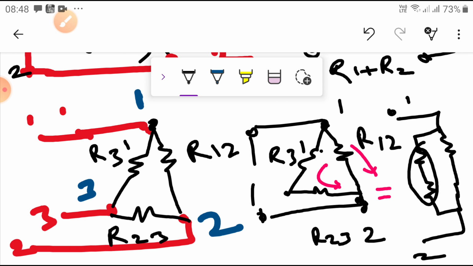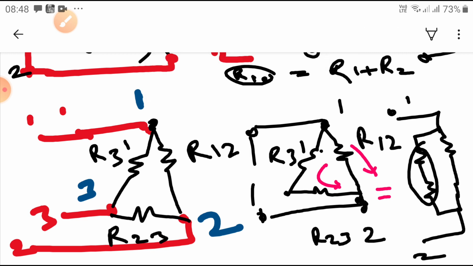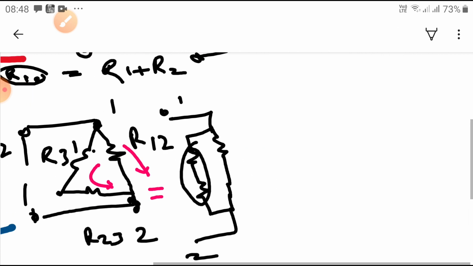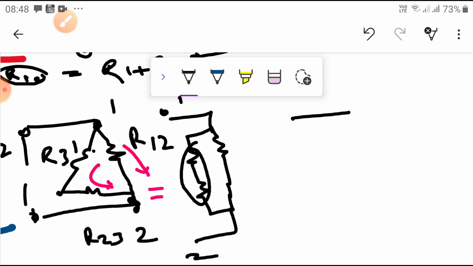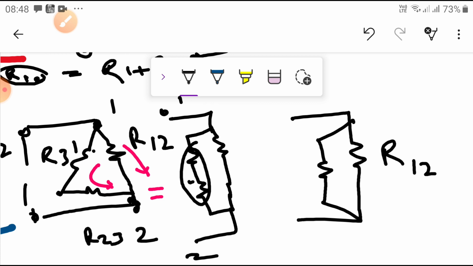Finally, what will we get? Here we get node 1, resistance R12, and these two networks connected to the equivalent of this resistance. Then finally node 1, node 2, this is R total, for example T1.